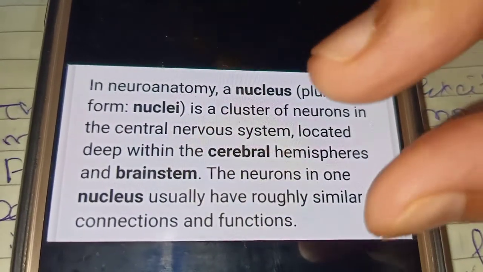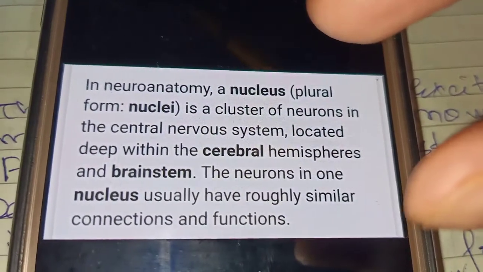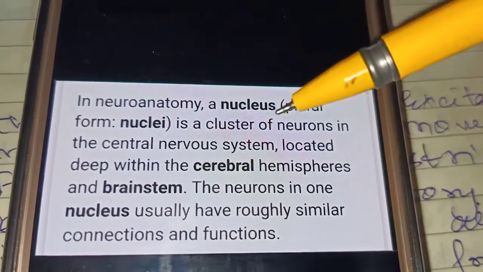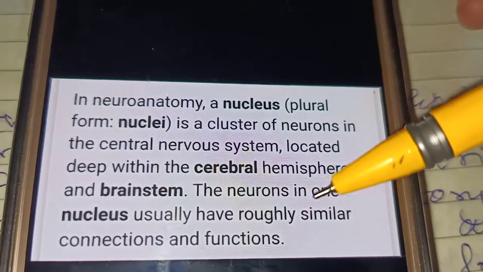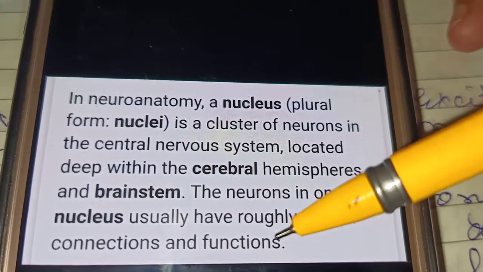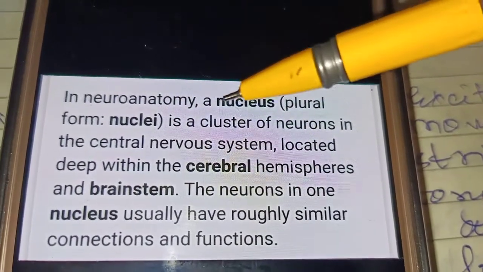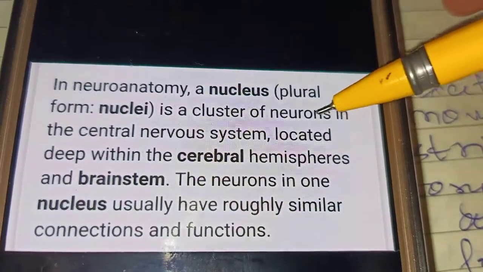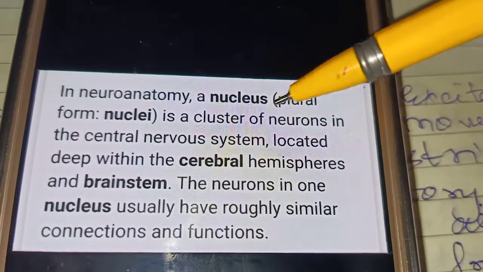One nucleus consists of lots of clusters of neurons, and neurons are what? The cell bodies and the axon. So it consists of clusters of neurons in the CNS, which is located deep within the cerebral hemispheres and the brainstem. The neurons in one nucleus usually have roughly similar connections and functions. When we speak about a nucleus in neuroanatomy, these are clusters of neurons. A lot of neurons are present in a single nucleus.